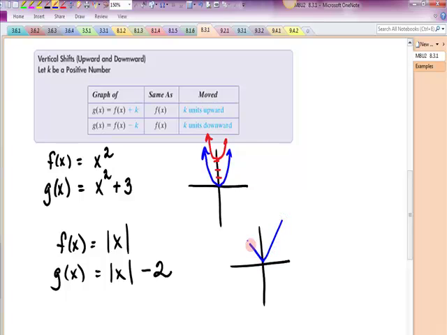It's a V. If I shift it down 2, I don't change its shape, but I go down 2 units. It's a little hard to tell, but this bottom point is supposed to be at (0, -2). All right, so those are vertical shifts.